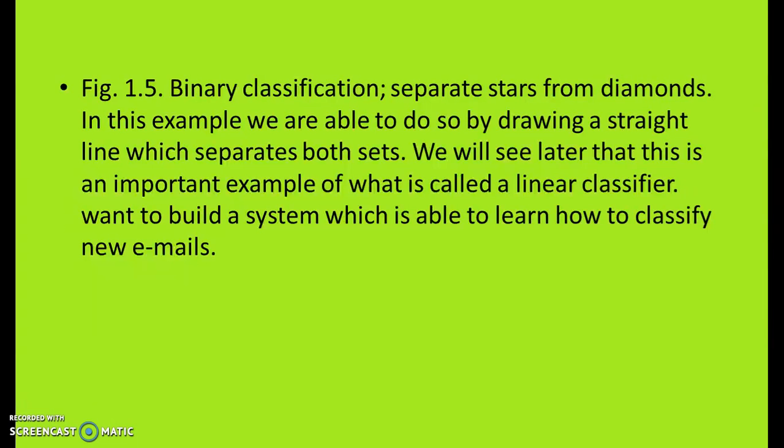We want to build a system which is able to learn how to classify new emails. So this is a simple example wherein we have the stars and we have the blocks, and the blocks represent something which is important, and the stars may not be important. We just classify them based on a particular scenario or criteria.